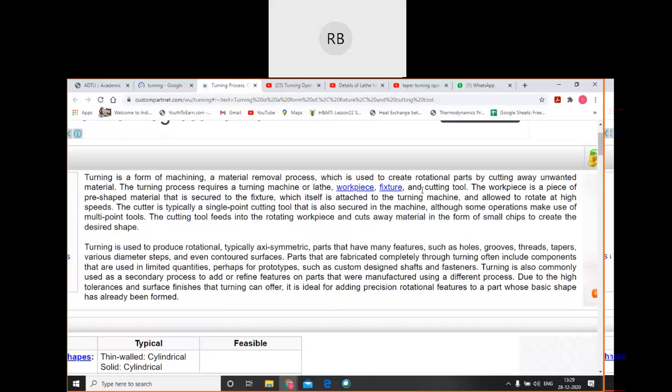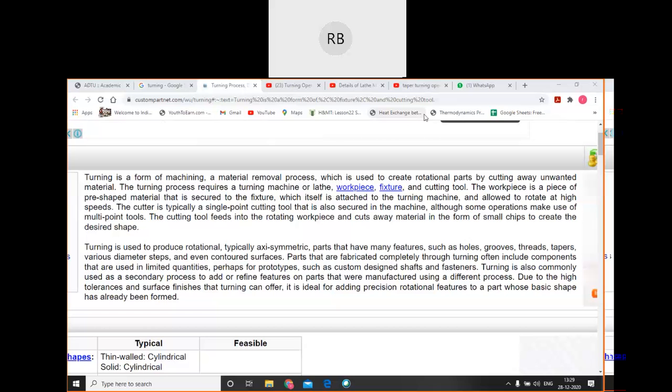Okay, a 3D video I have gathered from YouTube. I'll show it to you so that you have a better idea. So turning is a form of machining, a material removal process, used to create rotational parts by cutting away unwanted material.